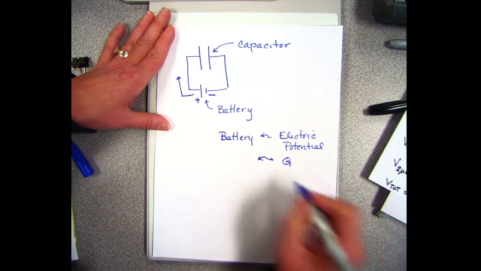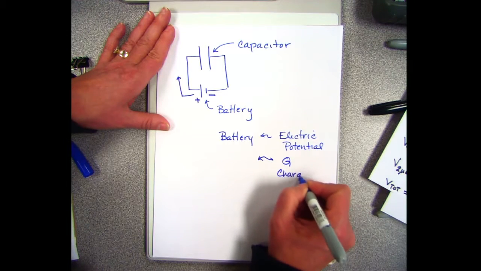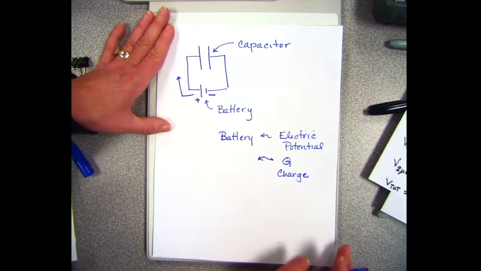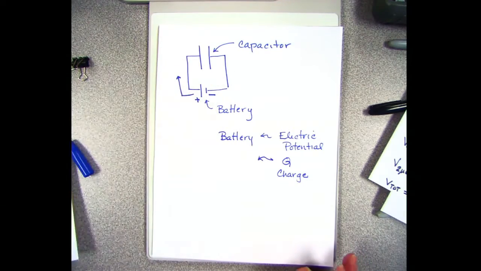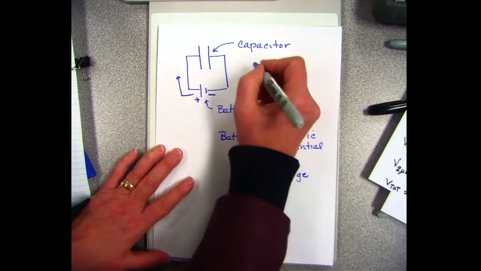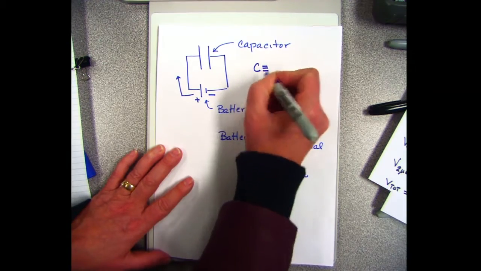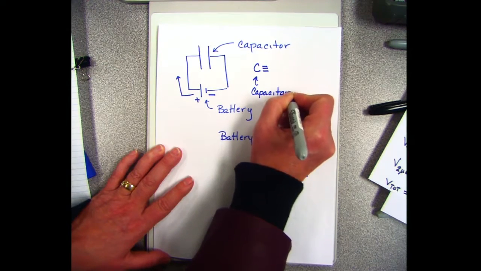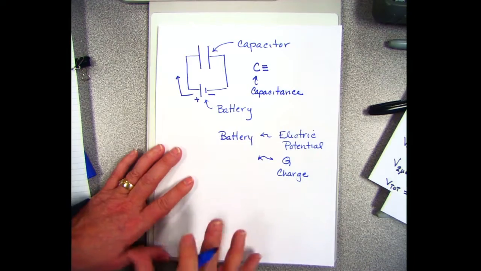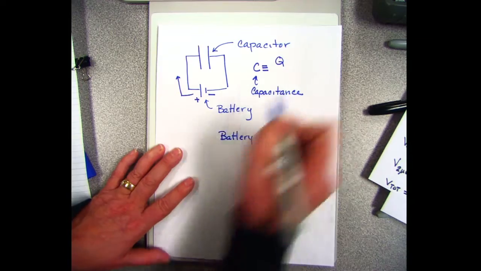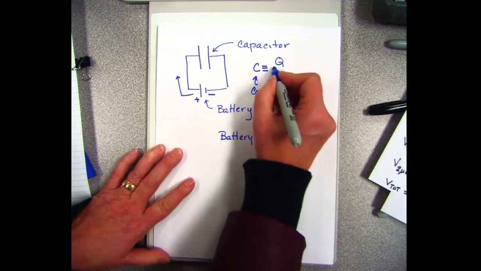We define that this device has what we call capacitance. We said that the capacitance of this device is the charge stored on it divided by the potential across the plates.